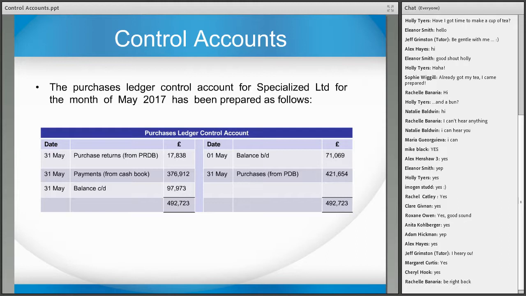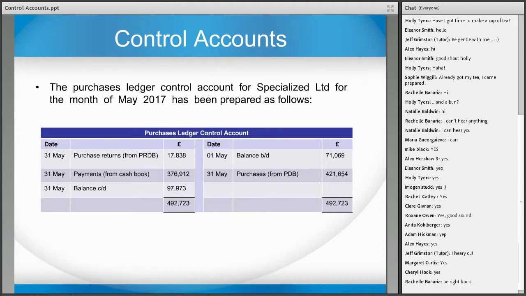Quite often students will take the total figure, that is the 492,723, as being the balance, and that's not correct. So the balance on that account, balance carried down, is 97,973. When that goes into the next accounting period, obviously that'll come down on the credit side to reflect that that is the total amount we owe our suppliers.